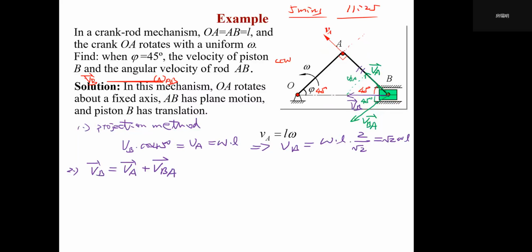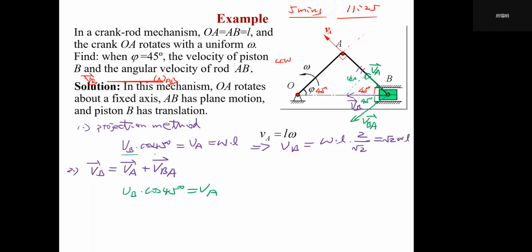Here will be 90 degrees. So in this right triangle, our VB is the hypotenuse, so VB times cosine 45 equals VA.